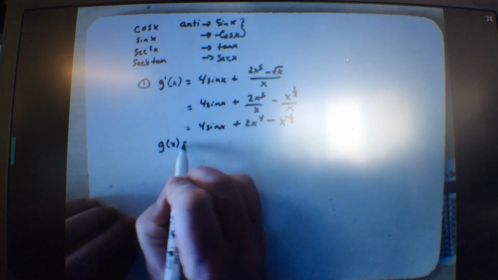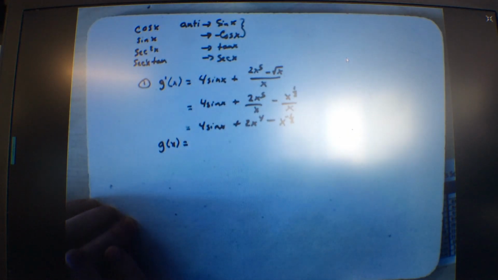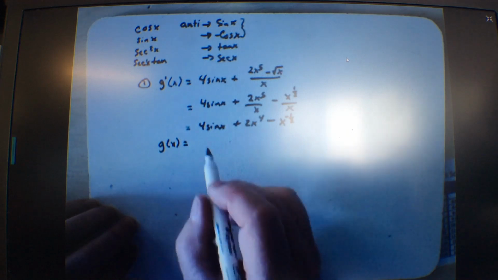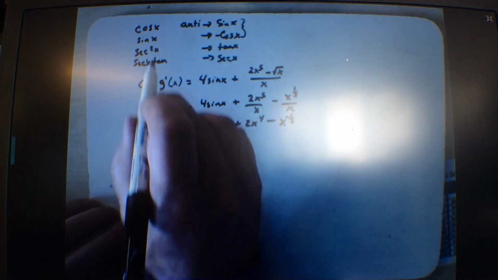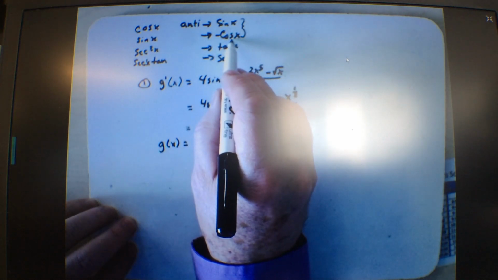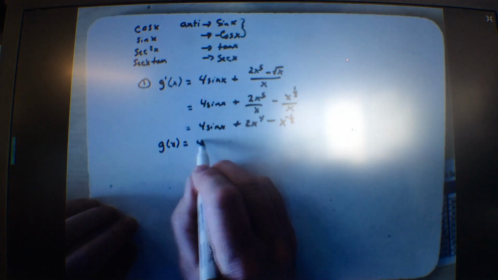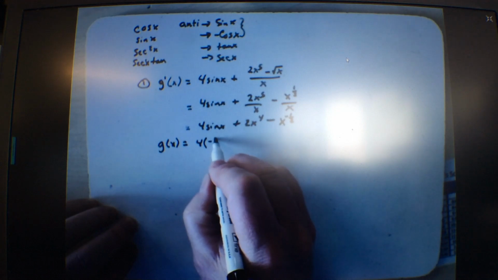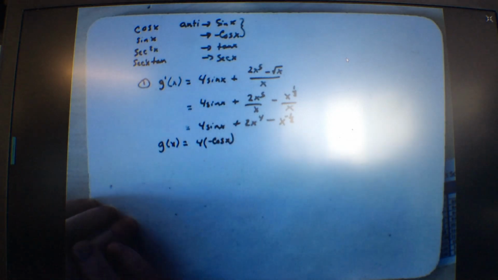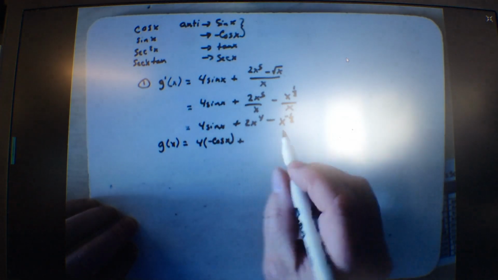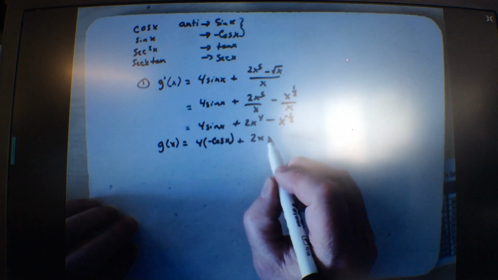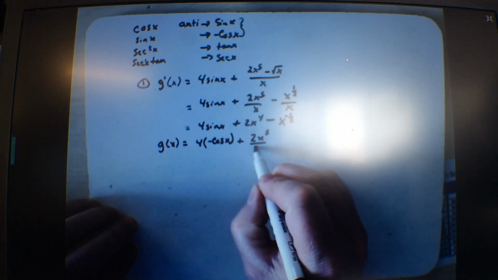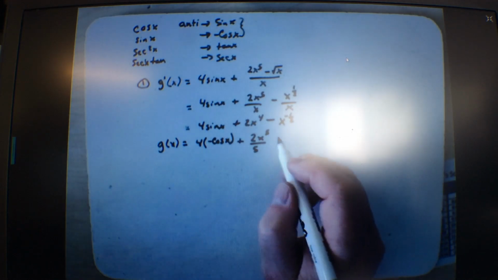Okay. So if I find the antiderivative now of this, we're finding g of x, correct? So I'm going to take the antiderivative of sine of x. If I go up here, it's a negative cosine of x, correct? So it's 4 times, I keep the 4, the negative cosine of x, plus, I keep the 2, I raise the 4 up 1, so it becomes 5 and I divide by the 5, correct?